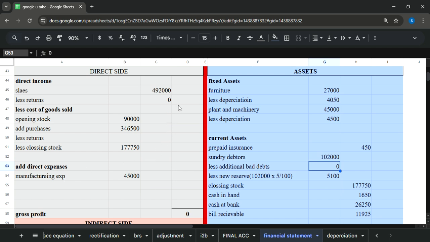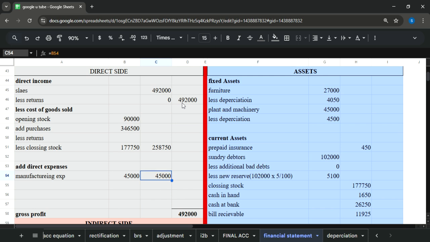So first you will calculate your gross profit, and since no returns are present separately, this is net sales. Now you will calculate the initial part of the cost of goods sold statement: opening stock, there are no returns, plus closing stock. The first part of cost of goods sold is entered, and then you can see that manufacturing expenses are noted down.